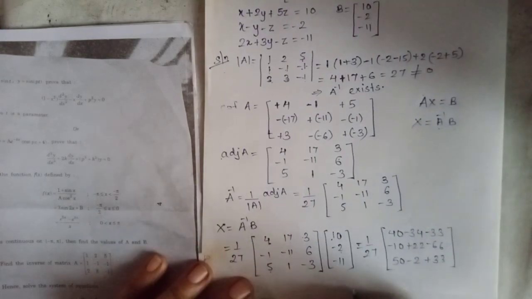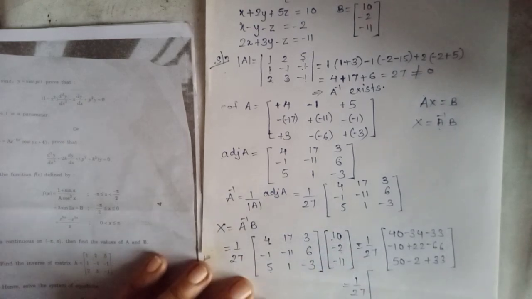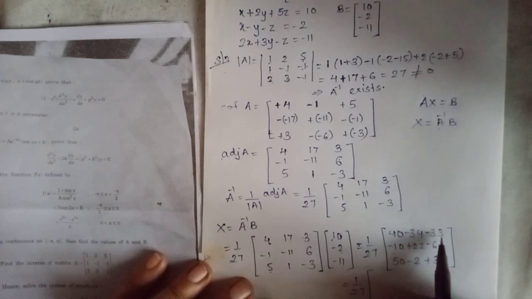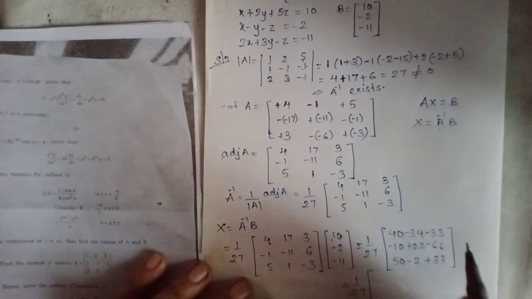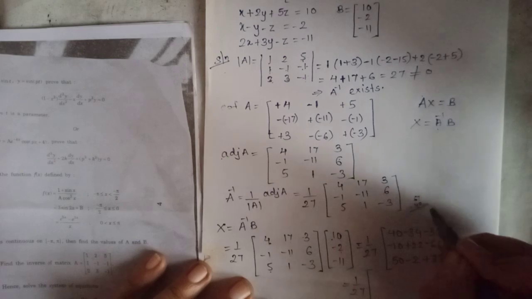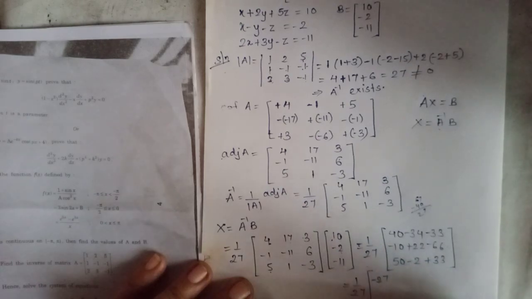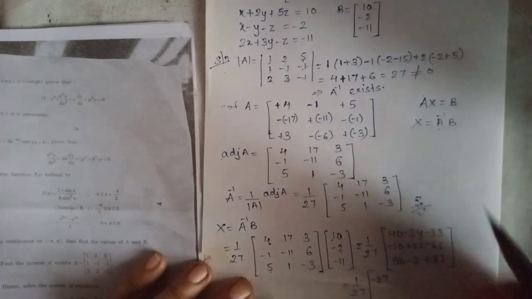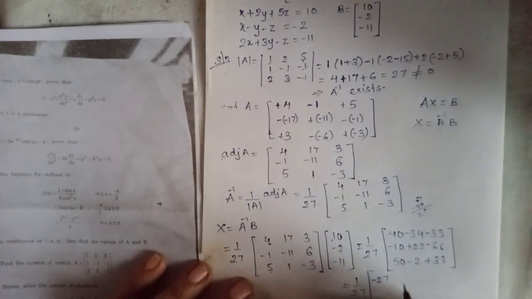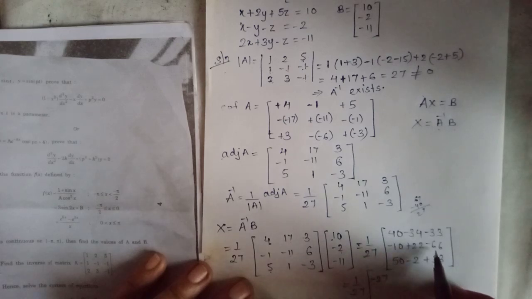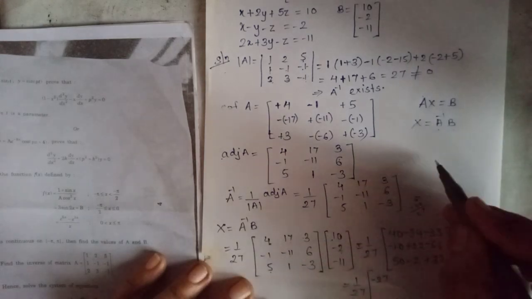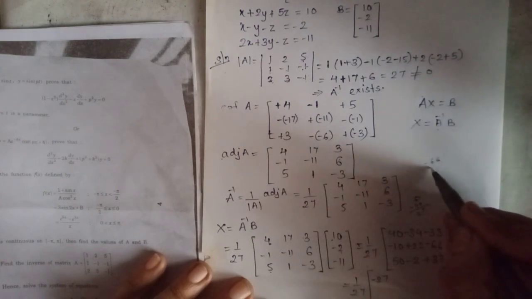Okay, so this is 67 minus 40, so 27 minus 27. Then this is 11, 66 and plus 11, right?